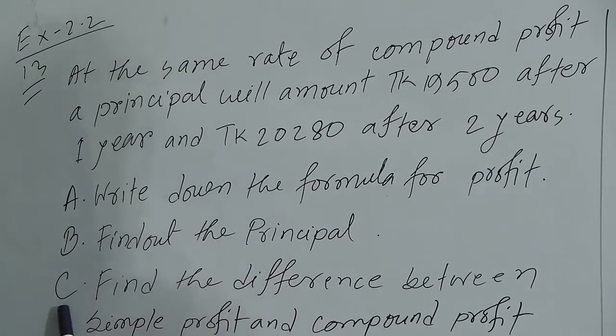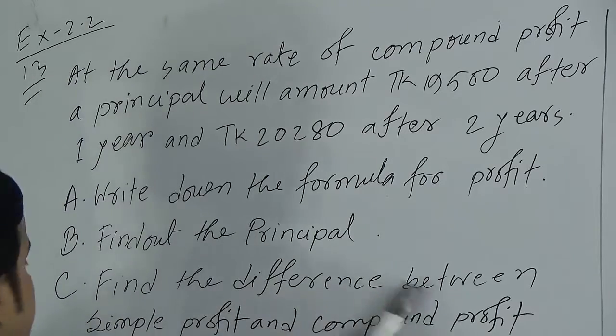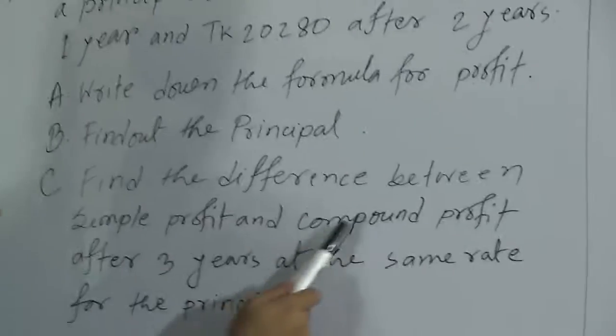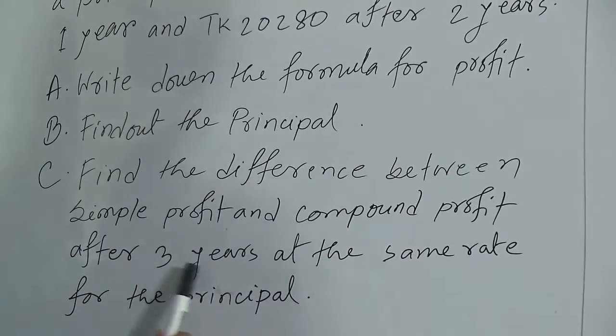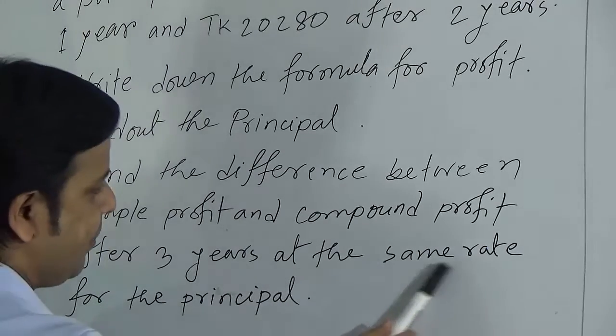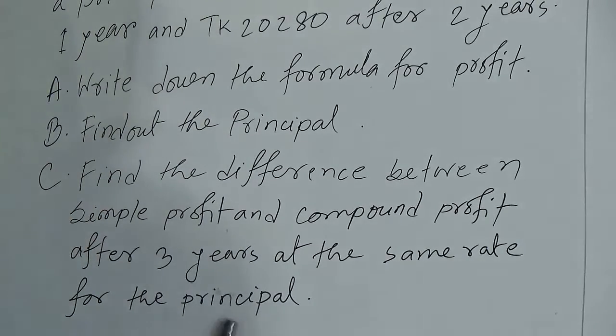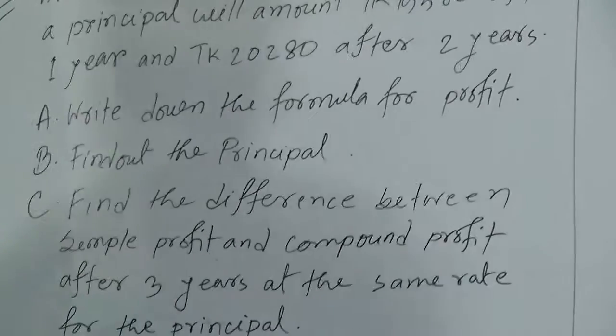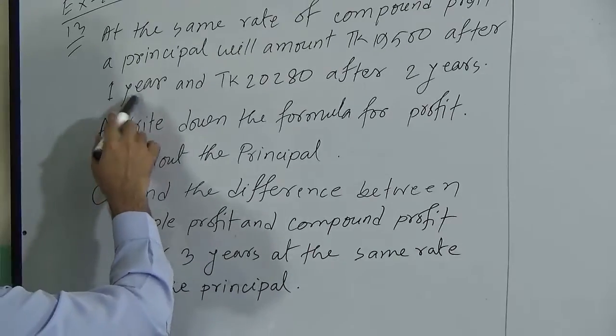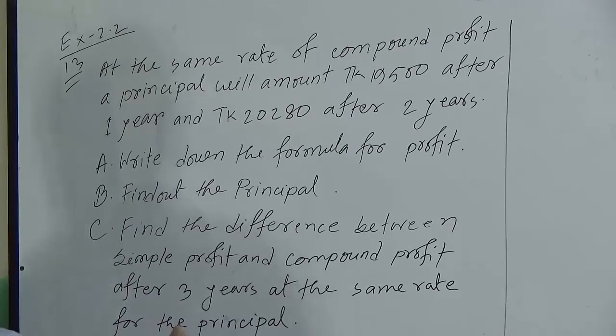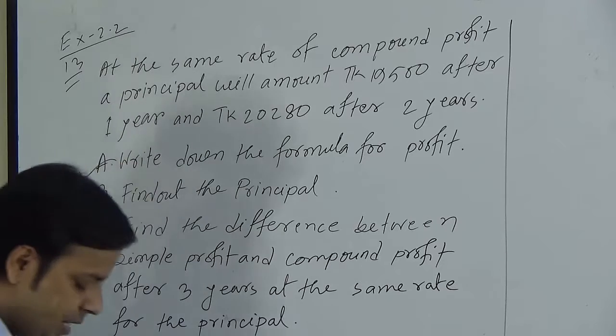Third question C, find the difference between simple profit and compound profit after 3 years at the same rate for the principal. Okay, dear students, so we have to solve these 3 questions depending on the given stem, as this is a creative question. At first I have to solve question A.